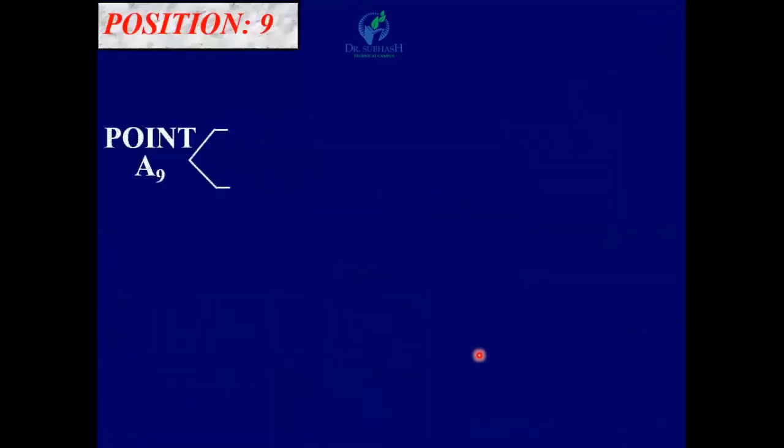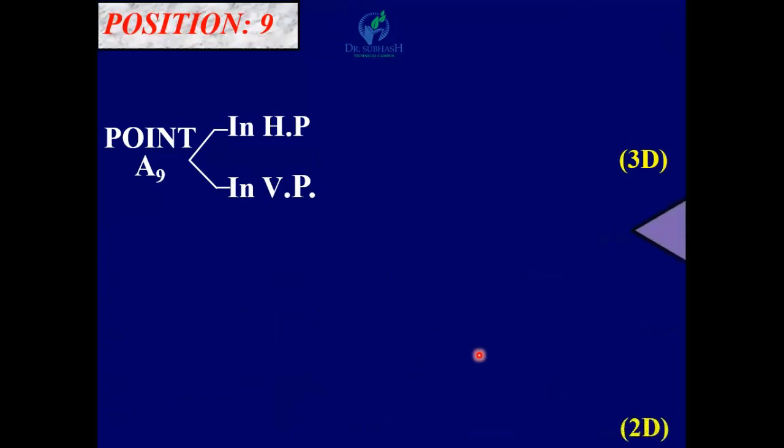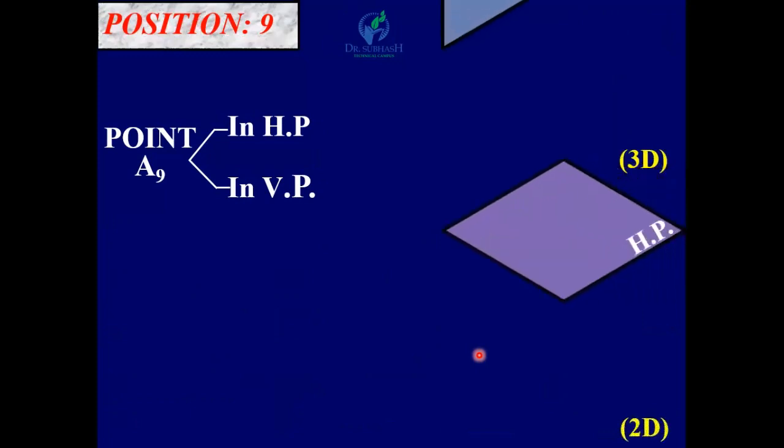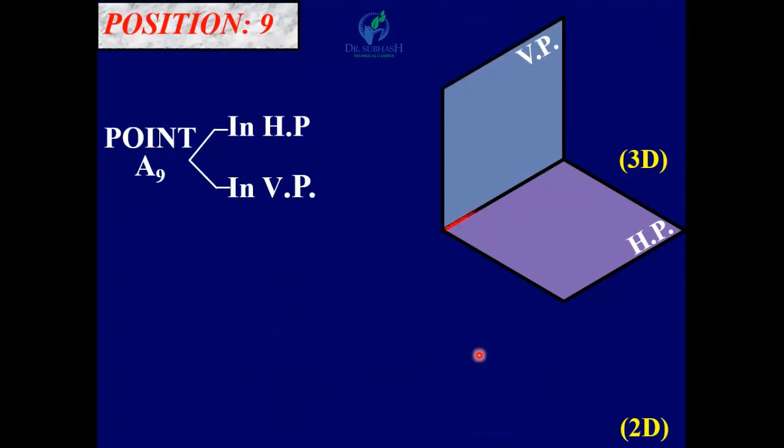Position 9, point A9 in HP and in VP. That means the point is on both the planes. So if the point is on both the planes, that means it is on the intersection of the two planes. So here point A9 is on XY line, the intersection of these two planes. So here original point is on XY line.